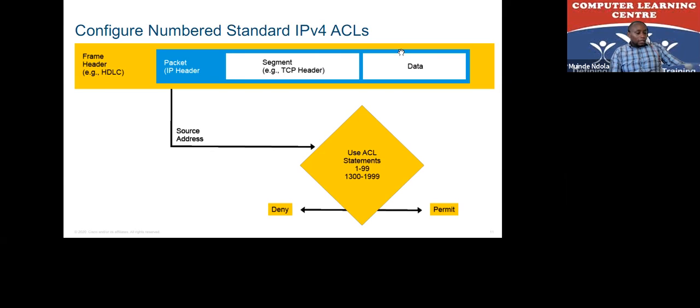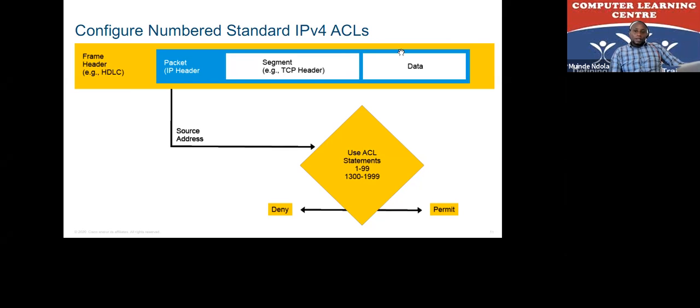Now, as I said, access lists are configured globally, but they have to be applied on the interface. So when the packet arrives on the interface, it checks and asks, is there an access list that has been applied on this interface? If there's an access list applied on the interface, then it's going to consult the access list statements and apply the filter as per the access list.